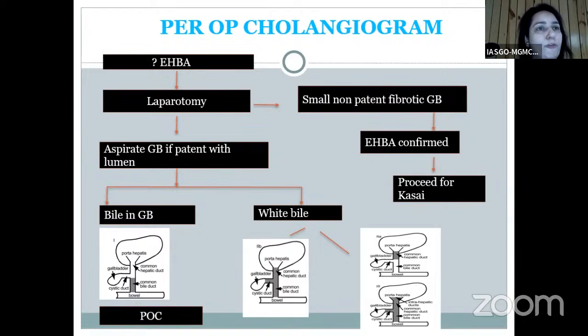Whereas if you aspirate the gallbladder and you find bile, it does not rule out EHBA, because in type 1 EHBA, where the cystic duct as well as the common hepatic duct are patent, bile will be aspirated. Whereas if you find white bile, it is diagnostic of type 2 or type 3 biliary atresia.